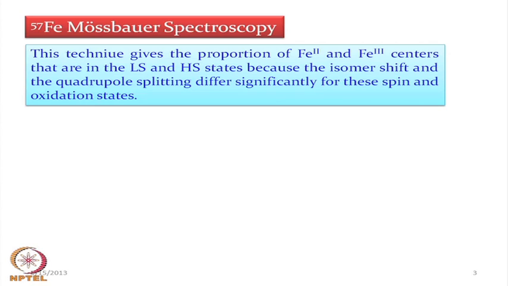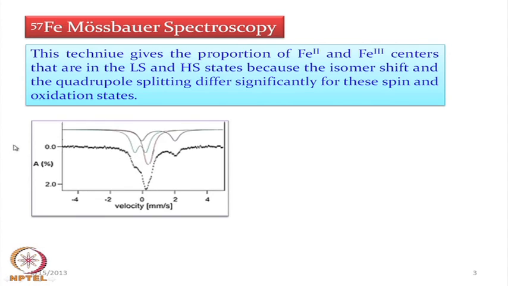These values tell us immediately whether the center is in the high spin or the low spin state. Therefore, this spectroscopy is also helpful in identifying spin crossover or the spin state equilibrium situation.